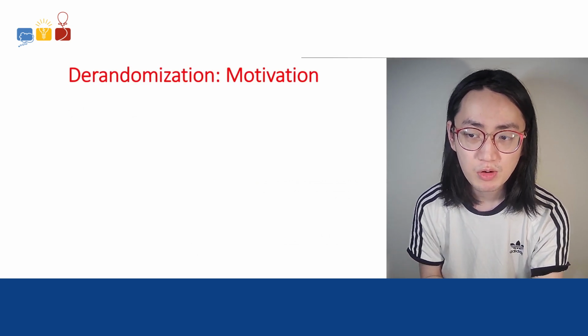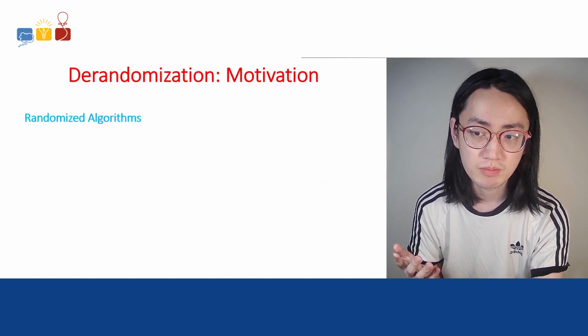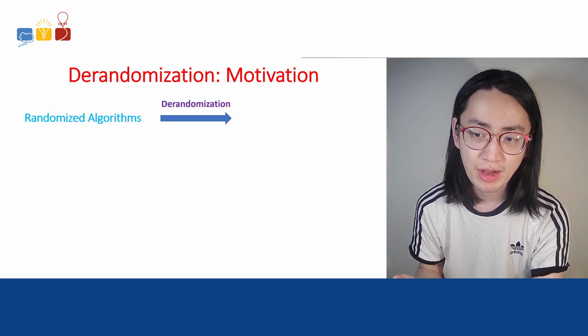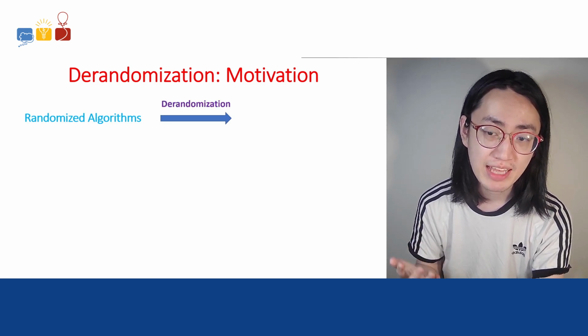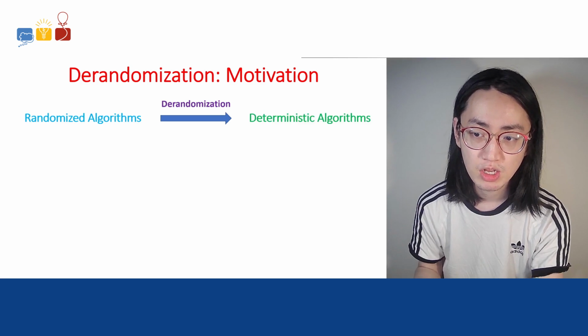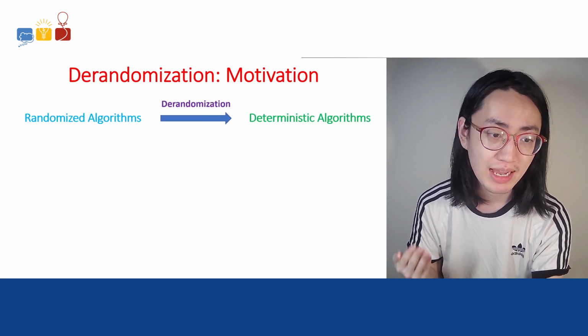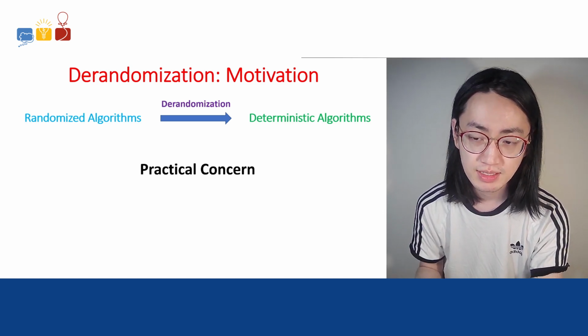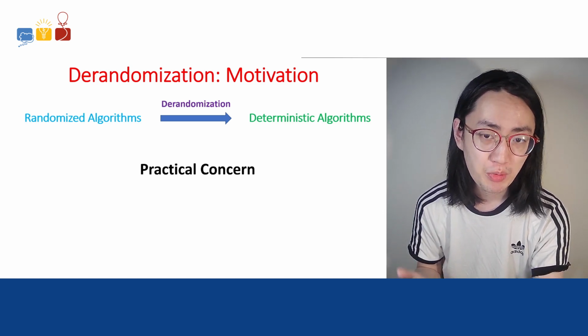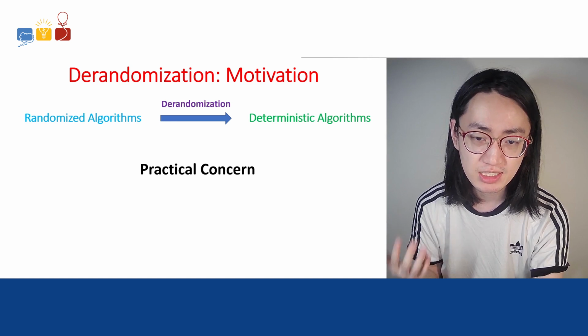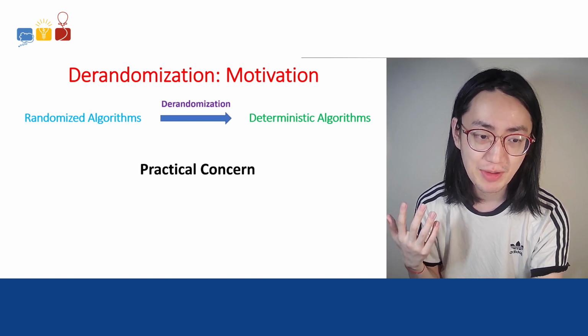So now we know what the goal of derandomization is. But why do people care about making randomized algorithms deterministic? What is the advantage of deterministic algorithms over randomized algorithms? First, we'll begin with some practical implications of randomization.